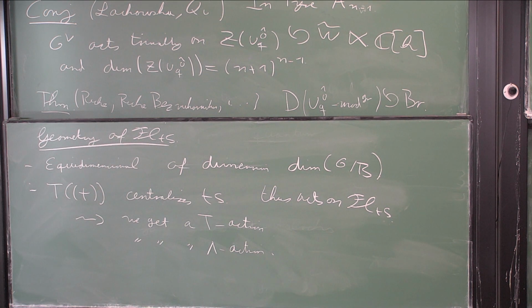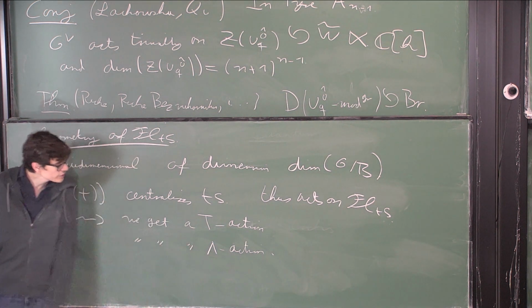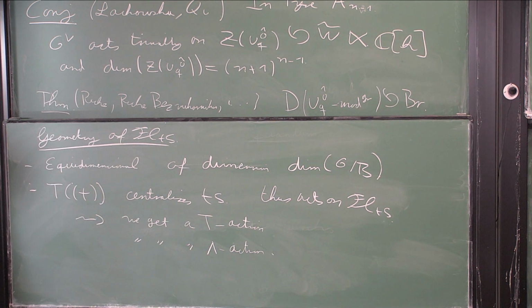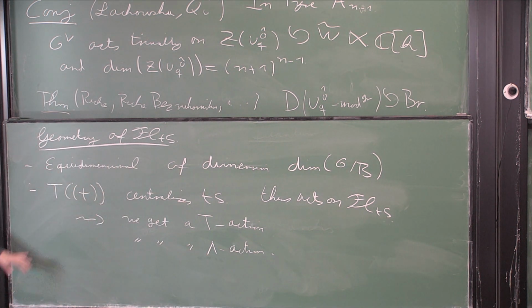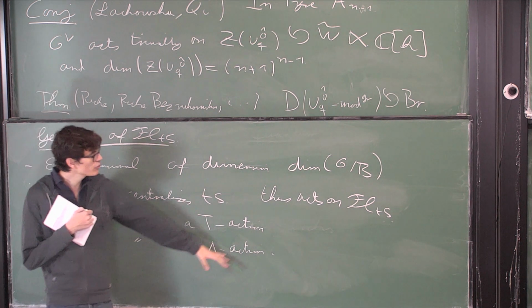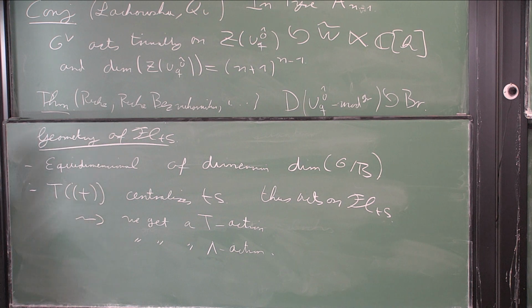So how do we get this lattice action? There's in fact a group homomorphism, maybe by choosing some uniformizer, say t, from lambda, this co-weight lattice of T, to this loop torus. And so through that homomorphism, we get an action of the lattice on FLTS. So this is a space together with some lattice translating it around.